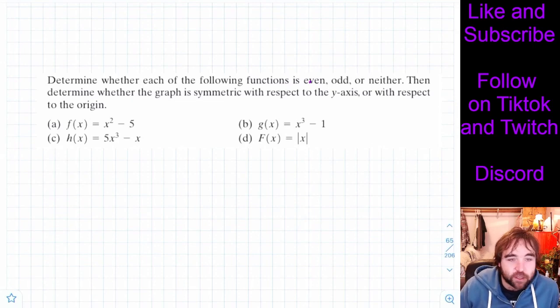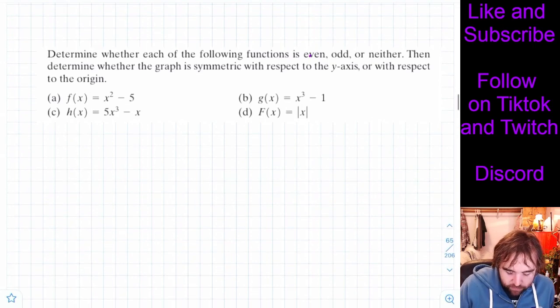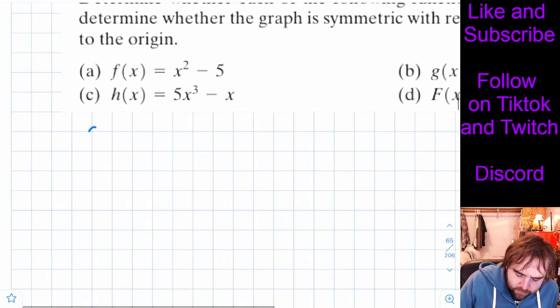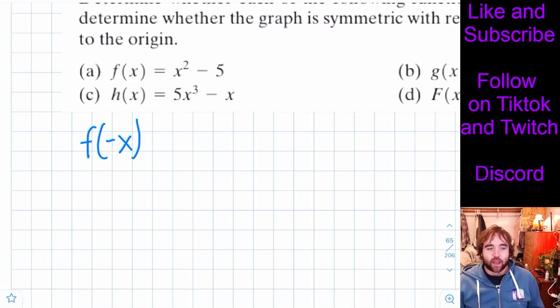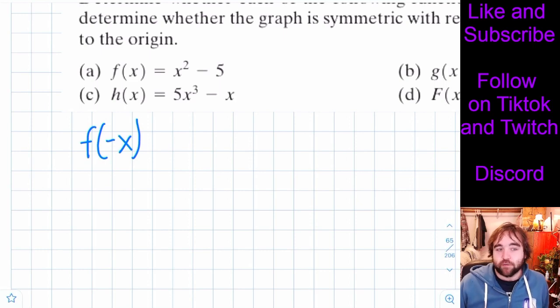So here we're doing the same thing, but we just have the equation. So I'm pretty sure we've done this before. So let's remind ourselves that the way we tell if it's even or odd or neither from an equation is we plug in negative x. And if we just get out the same function as we started with, that means it's even. If we get out the negative version of what we started with, that means it's odd.